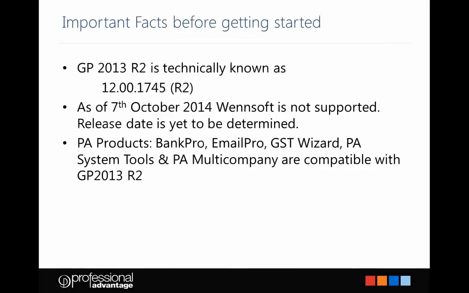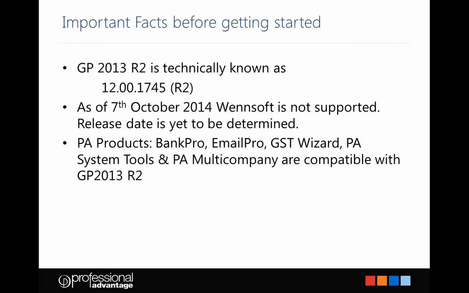Just a couple of things to be mindful of. For those technical people watching, GP is known as version 12.17.45, and for those of you who are using WenSoft, as of today, they have not provided any new build.